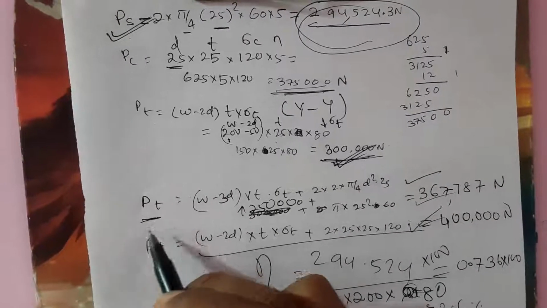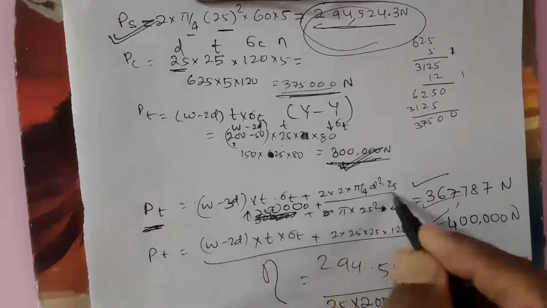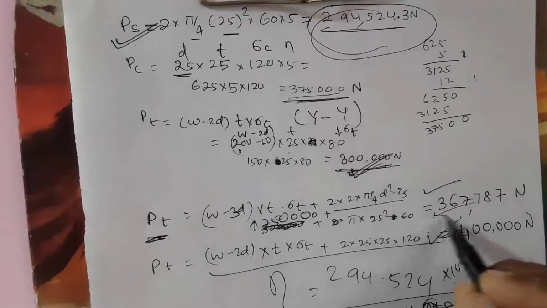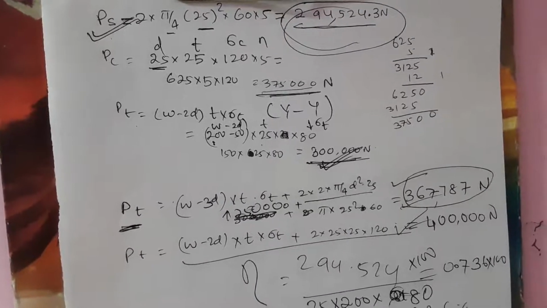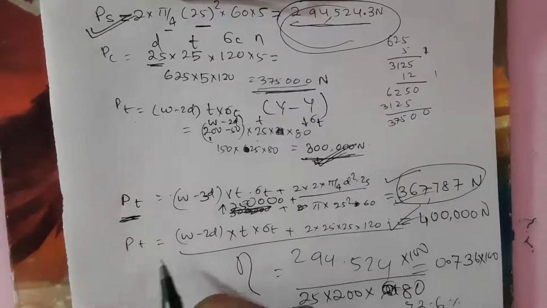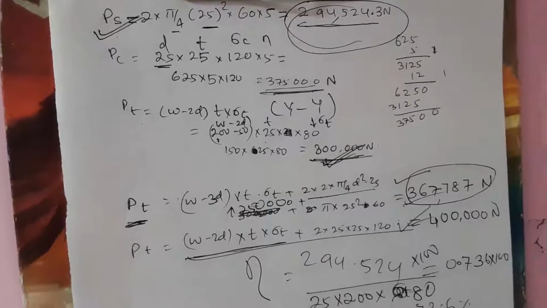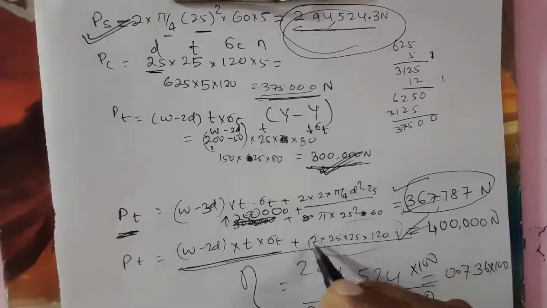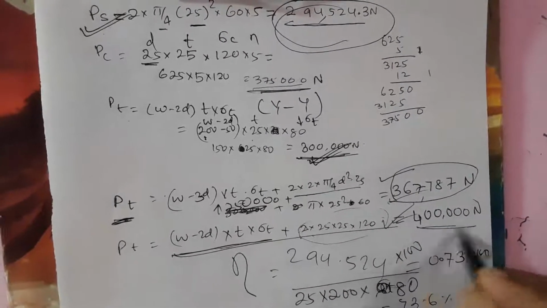If the tearing takes place at the XX location along with the shearing of the front 2 rivets at the YY section, the strength comes out to be 367.78 kilonewton, and the tearing at the XX location plus crushing of the 2 rivets at the YY location comes out to be 400 kilonewton.